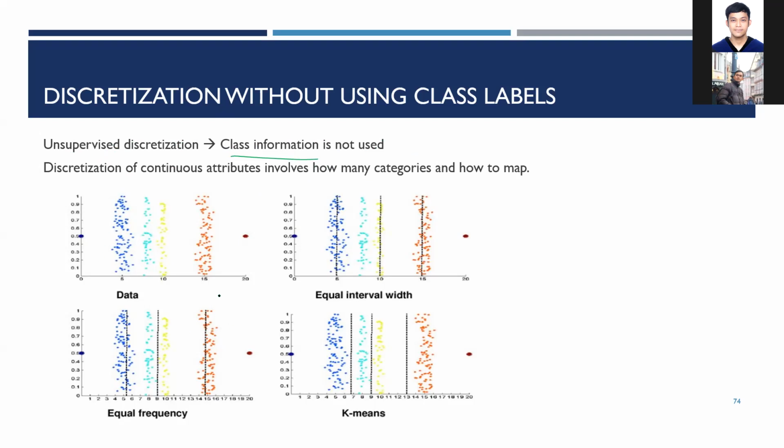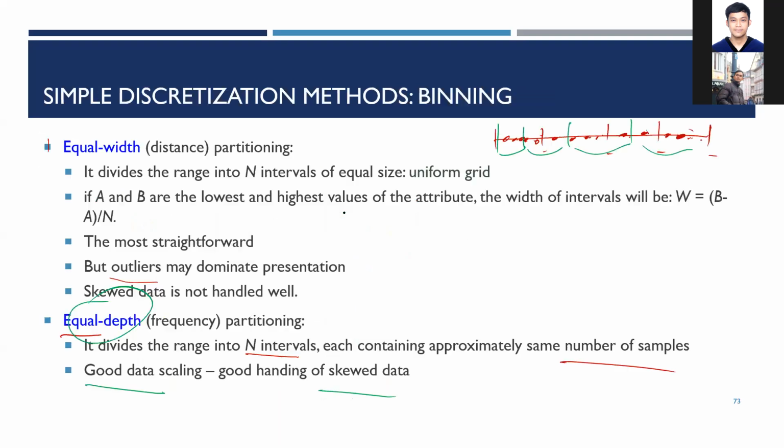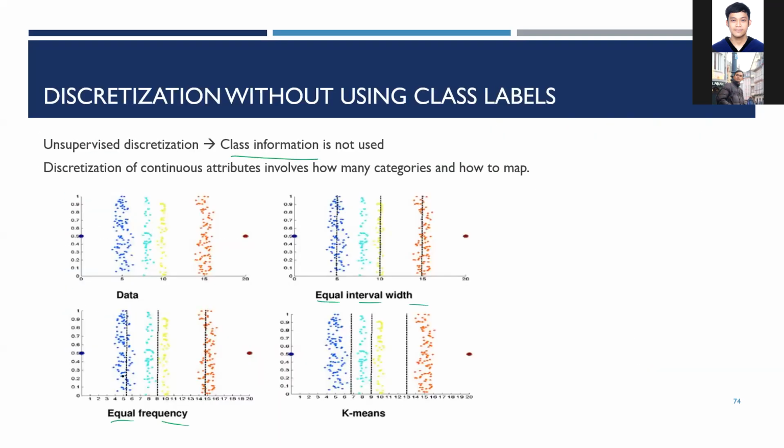For example, this is the data. If we divide it based on equal interval width, this is the first one. This is the equal frequency, equal depth. And the fourth one, we divide it using the k-means algorithm.